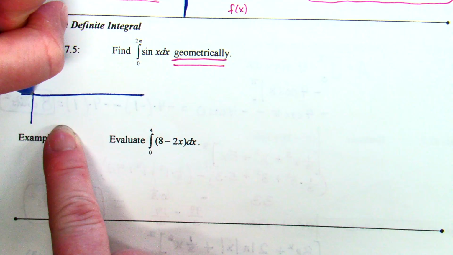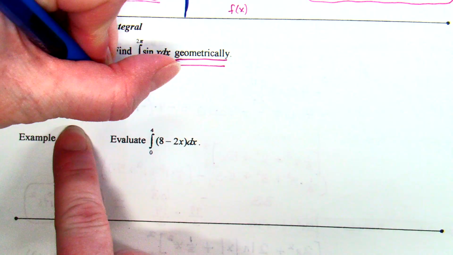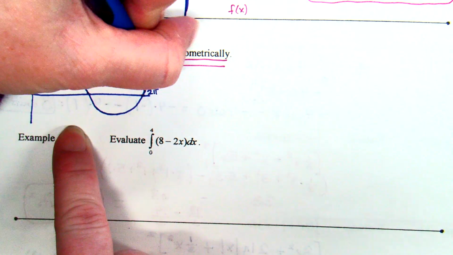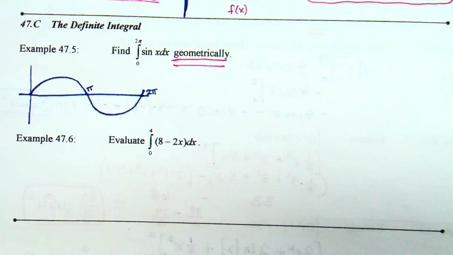Starts at 0, yep. Goes up. Cuts back through. Goes down. And comes back up, yes? It cuts back through, or it ends at 2 pi. That midpoint, if you recall, is pi.